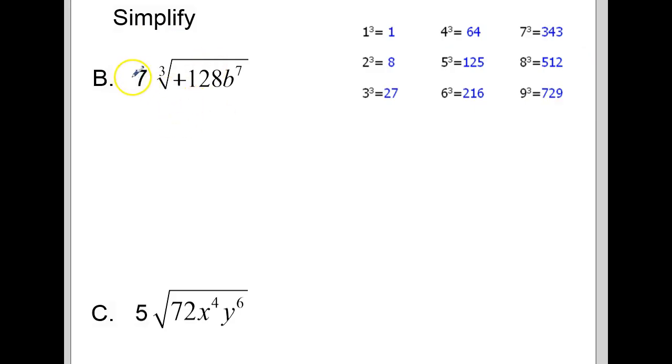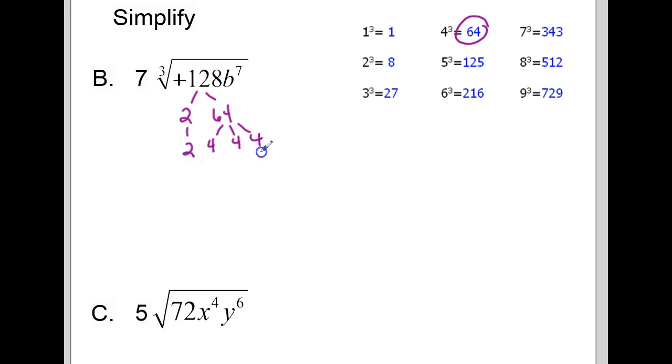Let's look at 7 times the cube root of 128, b to the 7th. So 128 is not in my list of perfect cubes, but 64 is. And 64 is the cube of 4. So can I do this? Can I say that 128 is 2 times 64, and 64 is 4 times 4 times 4.